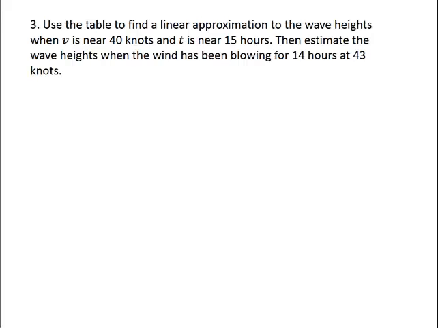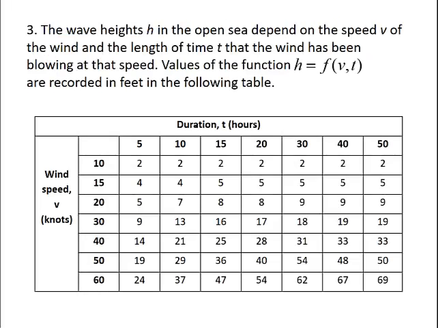Okay, so we need a linear approximation when v is 40 and t is 15. So let's go back to our chart. And we see that when v is 40 and t is 15, the wave heights there are 25. So we're going to need that data point momentarily.